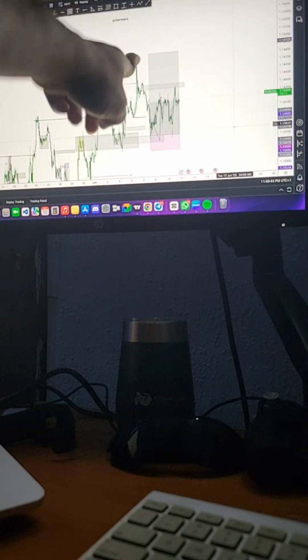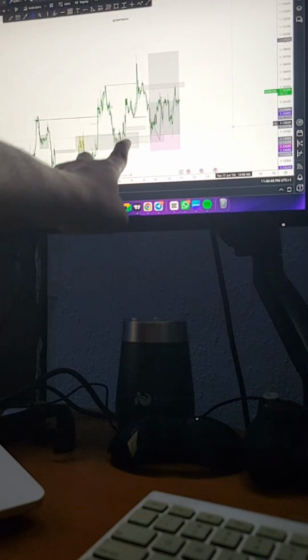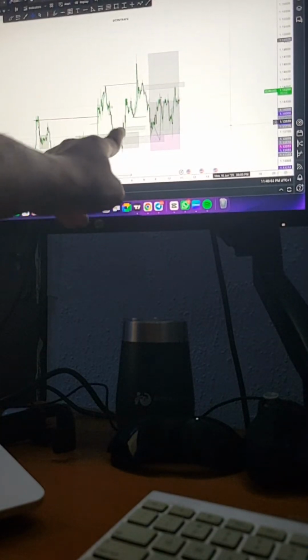So when price broke structure to the upside, simple price action, guys, I wait for price to retrace back to a discount zone, because I always like to buy at discount and sell at premium. I want to be buying cheap. I don't want to buy when it's expensive.